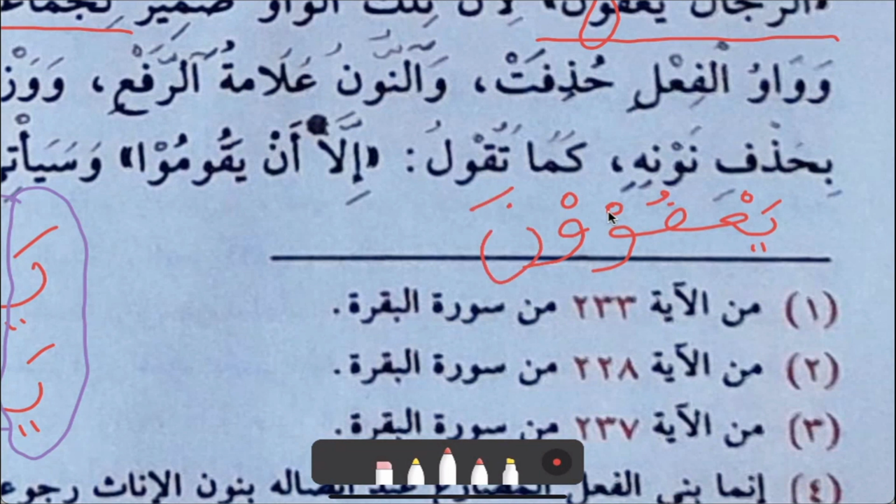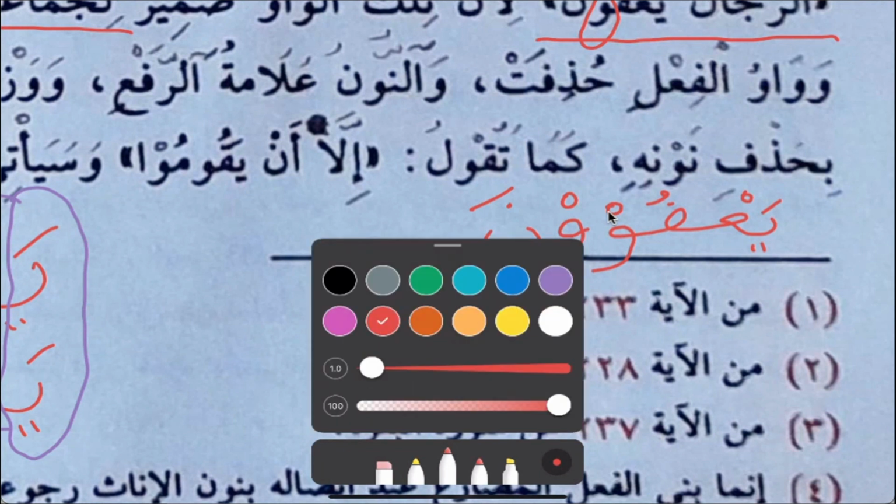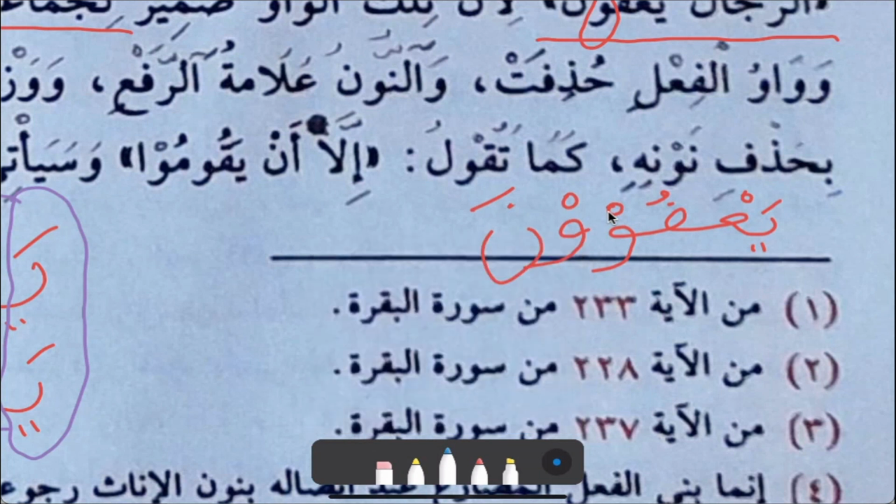So that's how it would be originally for males. But the rule is you cannot have in Arabic 2 sukoons in a row. Whenever you have 2 sukoons in a row, you drop the first one.